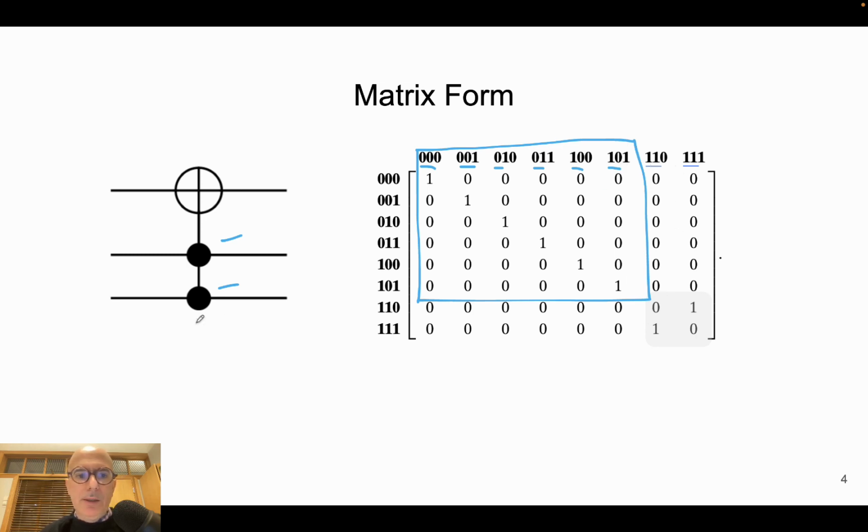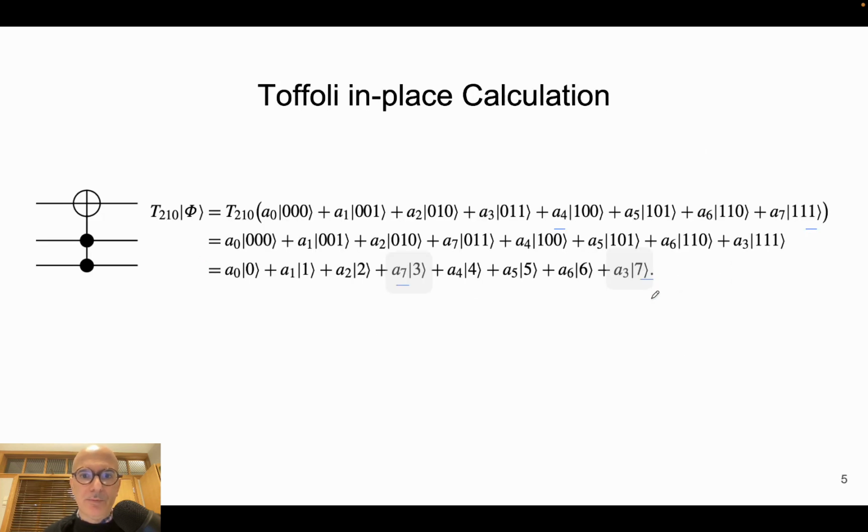In the case that the second qubit and third qubit binary representation is both 1, 1, because these are controls, then we have a NOT operation. Obviously, it can also be represented as an in-place operation, basically just swapping the complex numbers corresponding to the states that we need to swap as the target qubit.